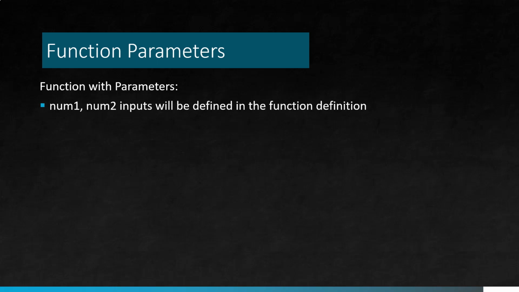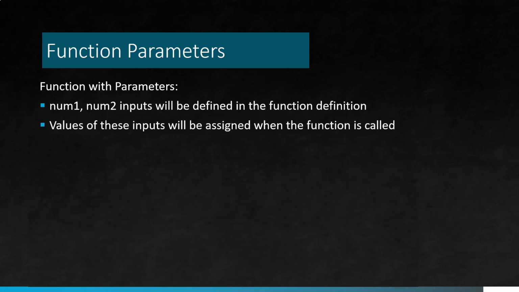Earlier we did not have anything in the function definition, we just had the function name. But now we are going to have two inputs in our function definition, and these inputs are called parameters. The values of these inputs will be assigned when the function is called.